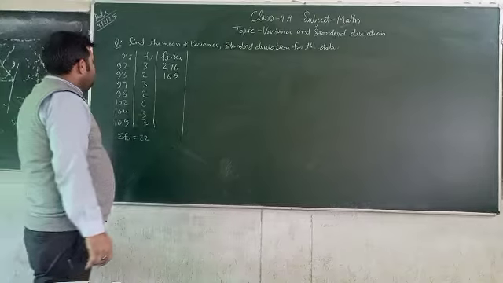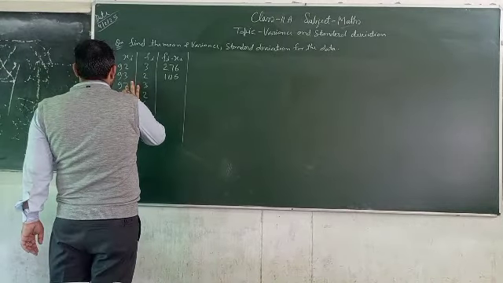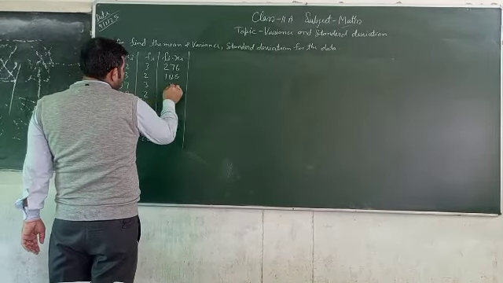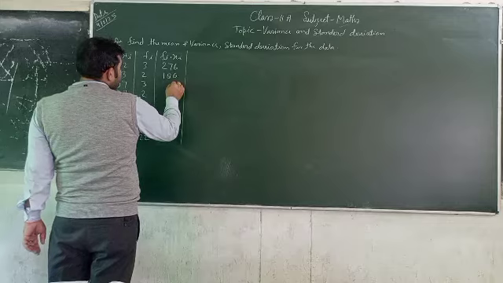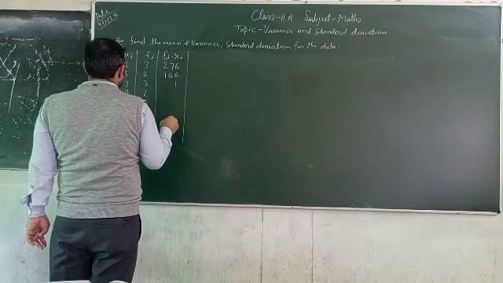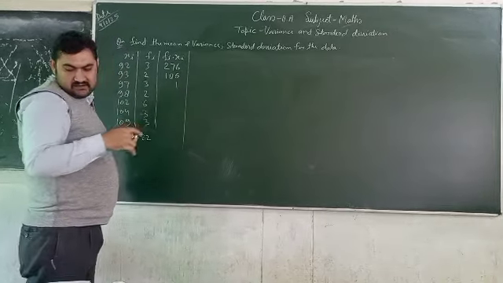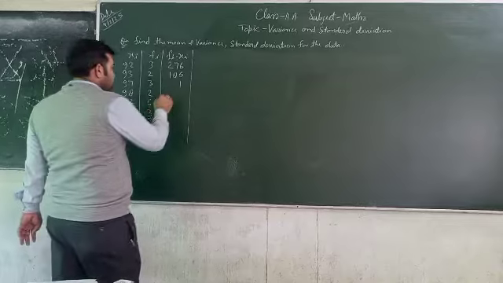Okay, and this is 97 into 3, 3 7 21, and this is 291.